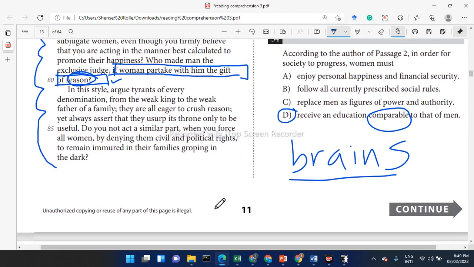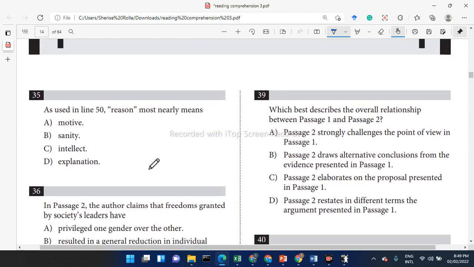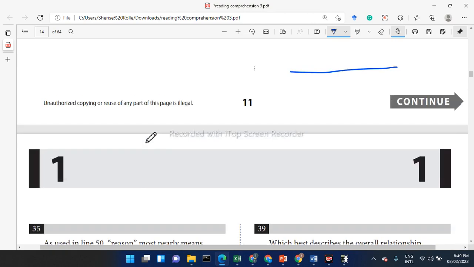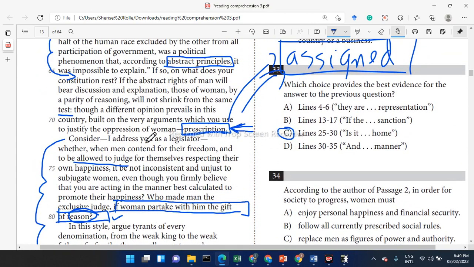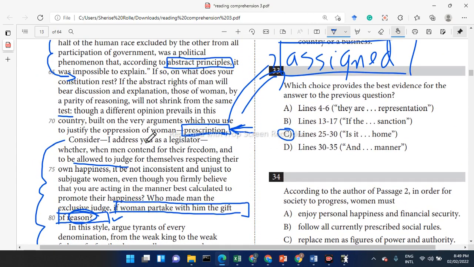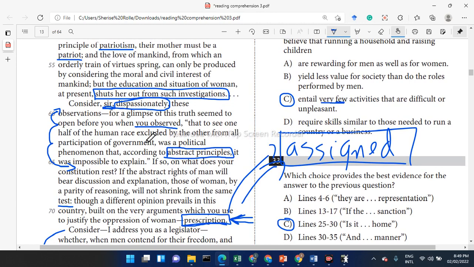Very good point. Okay, so as used in line 50, reason most nearly means: A. motive, B. sanity, C. intellect, or D. explanation? Probably D. Let's look at line 50.